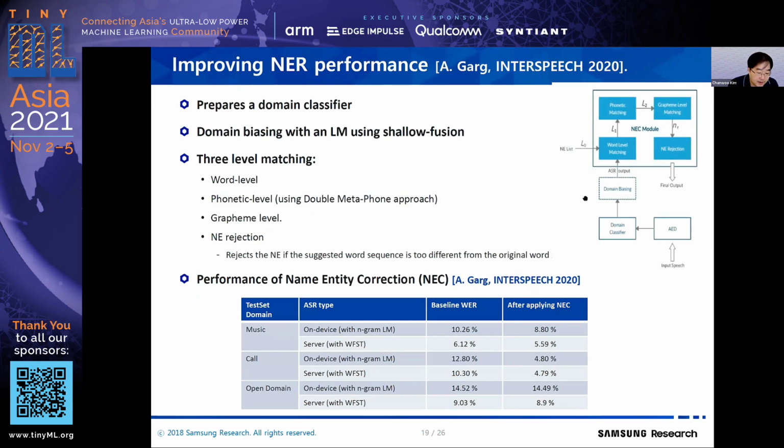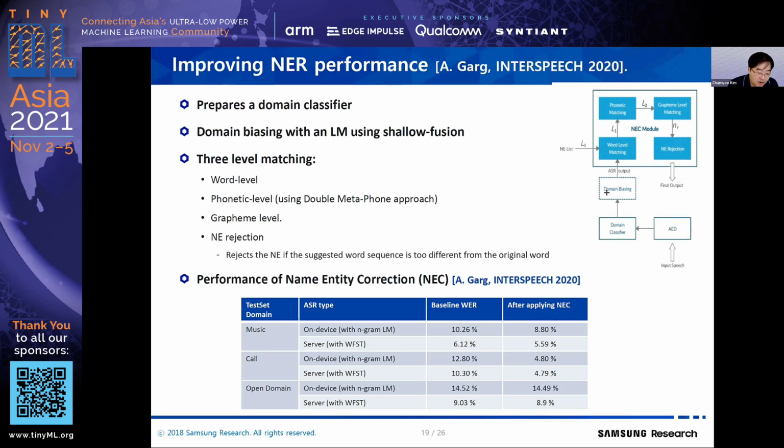In this slide, we can see the named entity correction. Previously I mentioned that the neural network-based approach is quite good for open domain, but the performance might be somewhat behind for recognizing named entities.